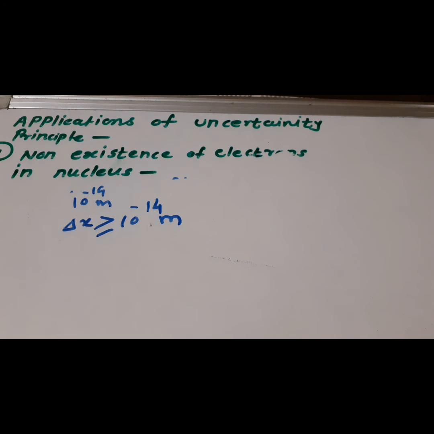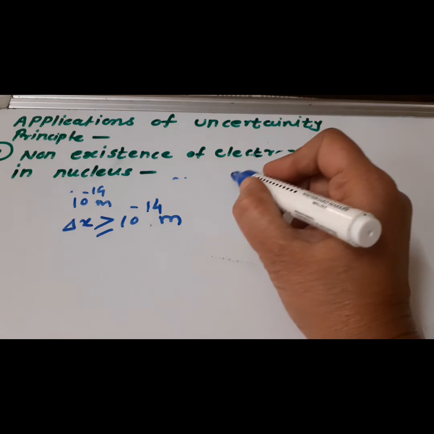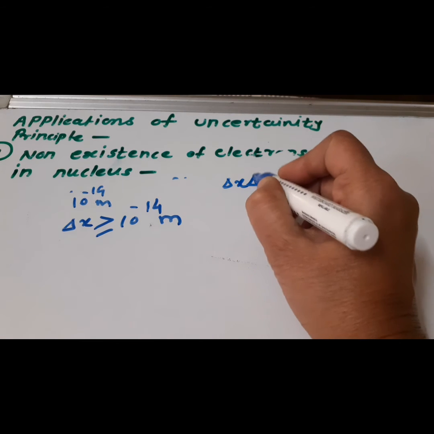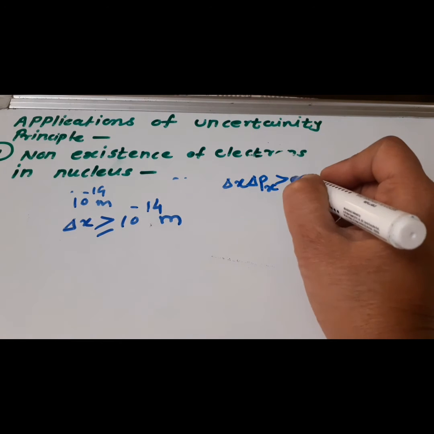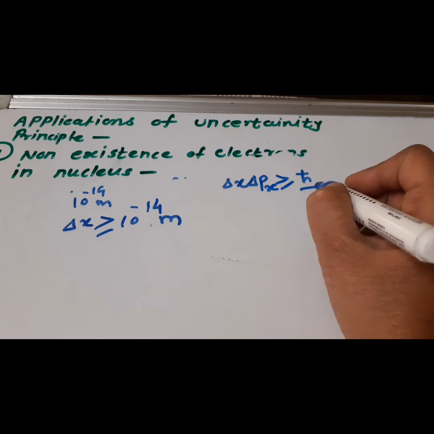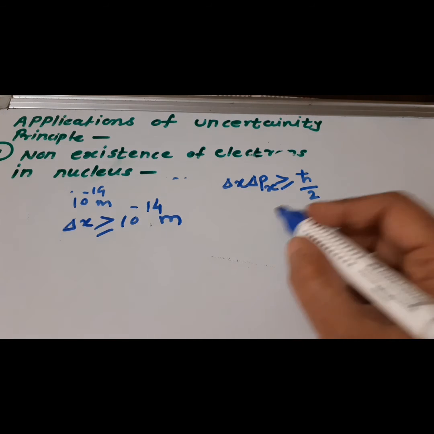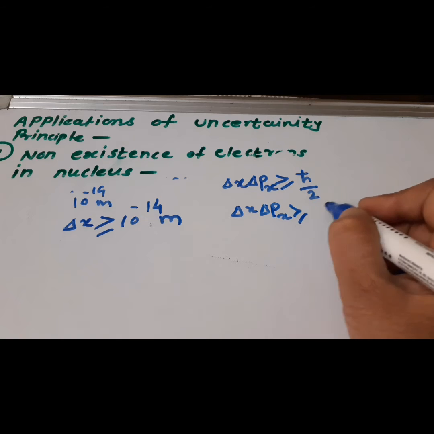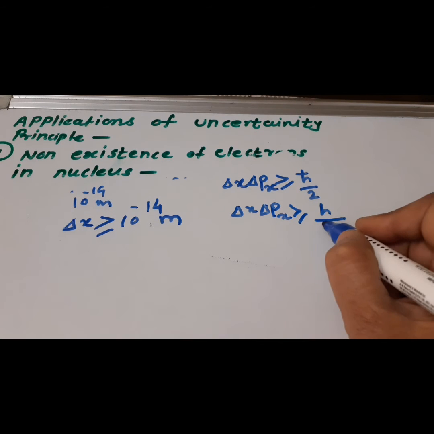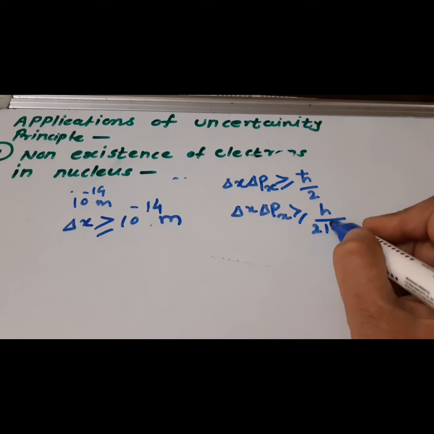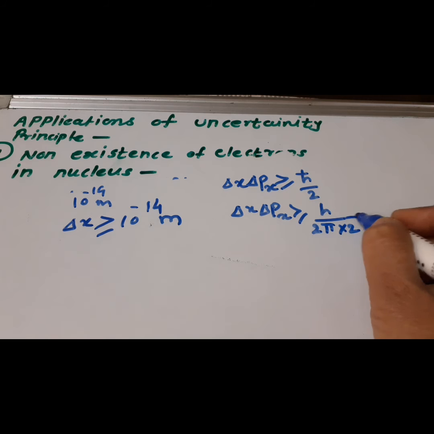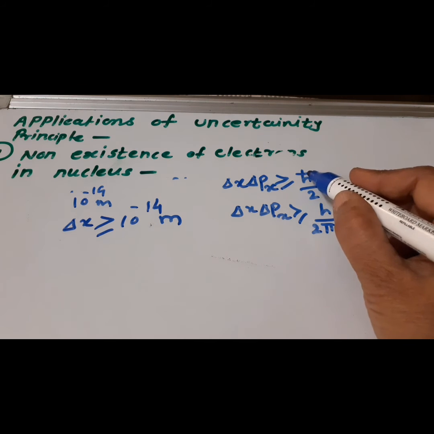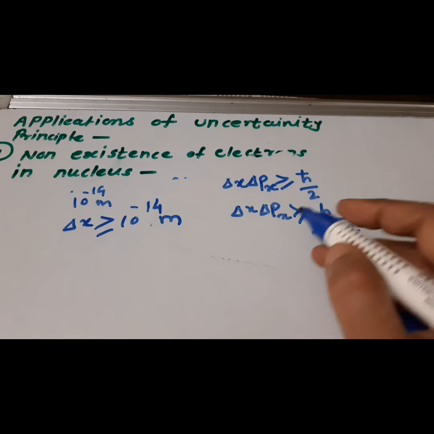But according to Heisenberg's uncertainty principle, we can write delta x into delta px is greater than or equal to h cross by 2, or delta x into delta px is greater than or equal to h upon 2 pi into 2, because h cross is the reduced Planck's constant and h cross is equal to h upon 2 pi.